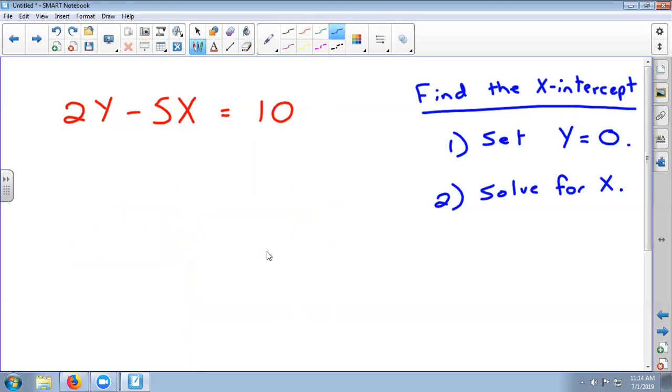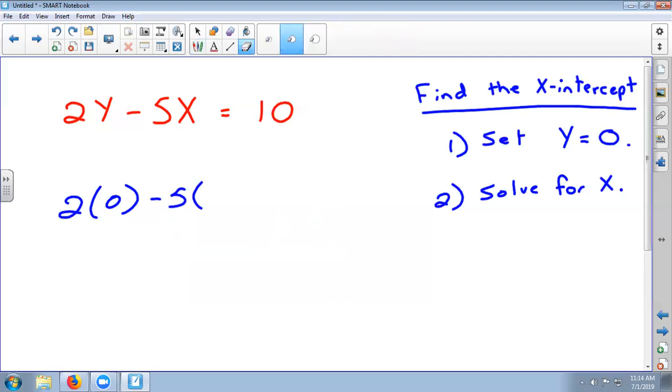Let's do that. Let's find the x-intercept. Set y equal to 0. Solve for x. 2 times 0.